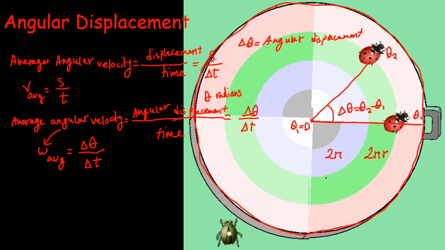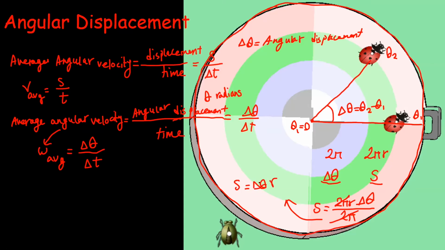Right now, if we say the angular displacement is delta theta, and the distance traveled is s, I want to find the relationship between delta theta and s. I can say s equals 2 pi r times delta theta divided by 2 pi. We simplify 2 pi by 2 pi, so as a result I can say s is equal to delta theta times r.